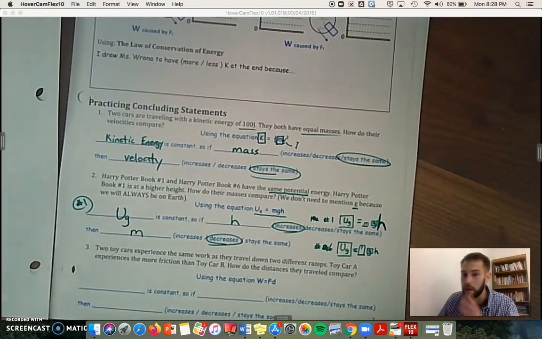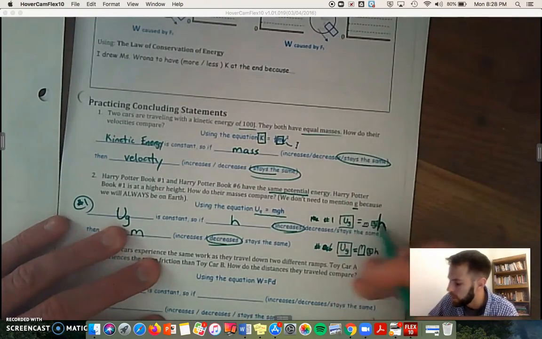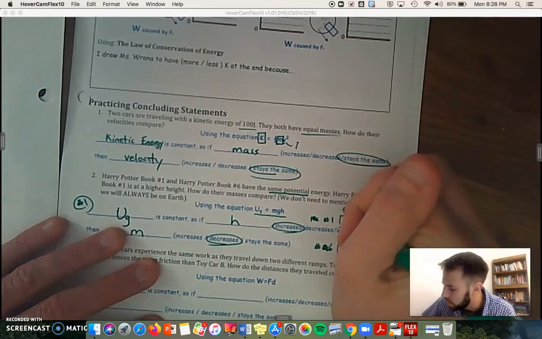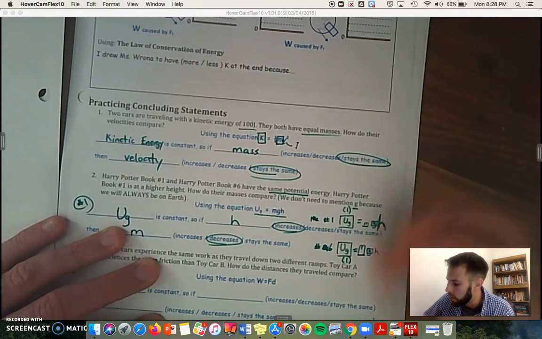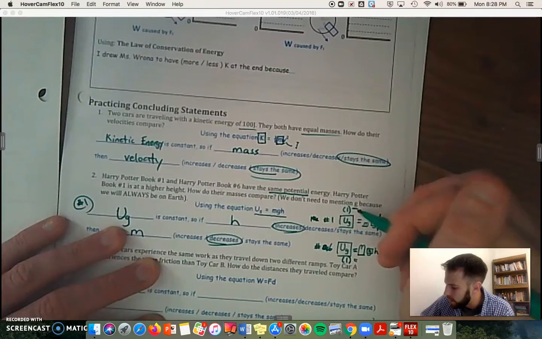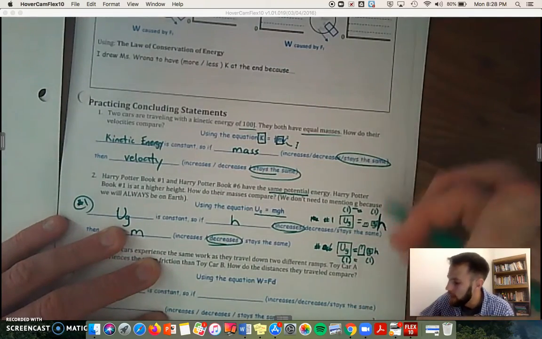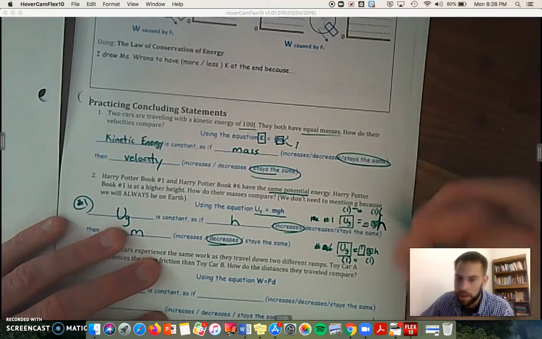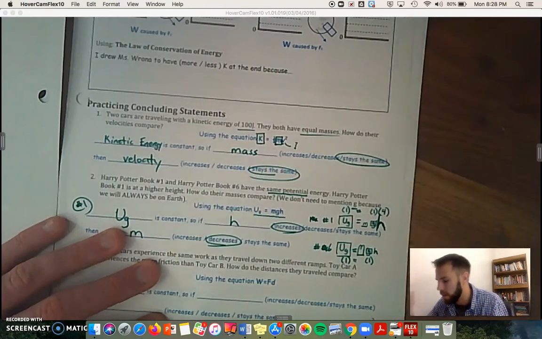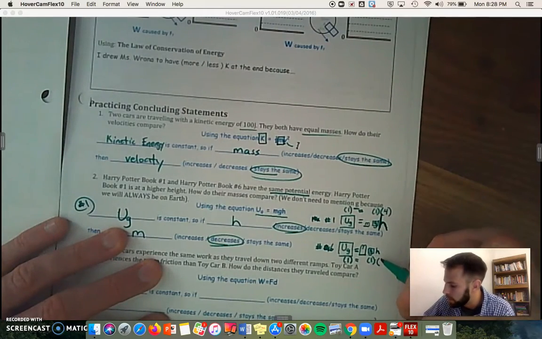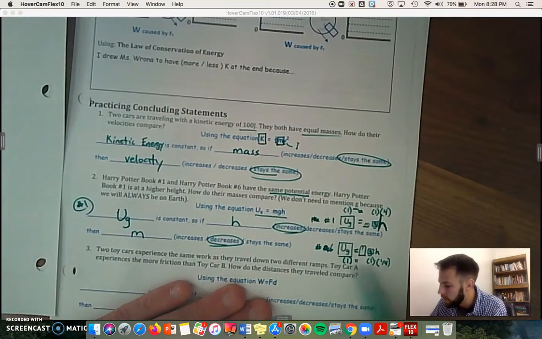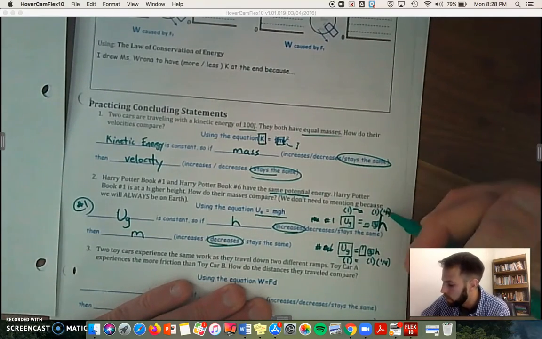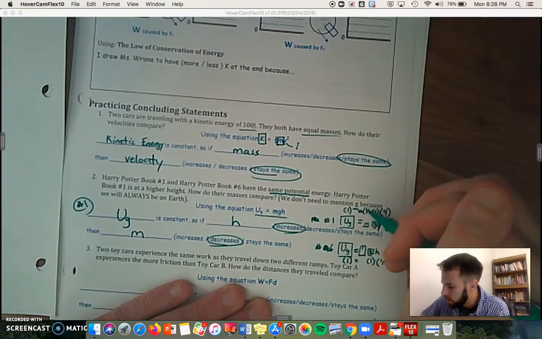Now, this works out mathematically too. Most of my students like doing it like this, and I do too, but some students have a mathematical mind, and they're like, okay, I know potential energy stays the same, so I'm going to put in a 1 here, and I know the G stays the same, so I'm going to put in a 1, and then the height, well, that's bigger, and they don't really tell me a value, but I'm going to put in 4, because that's a larger number. And this height's smaller, so maybe I'm going to put in 1/4, because that's a smaller number. So in order for everything to equal 1 at the end of the day, 4 times 1 to equal 1, this would have to be 1/4.